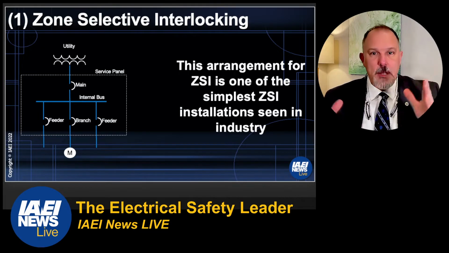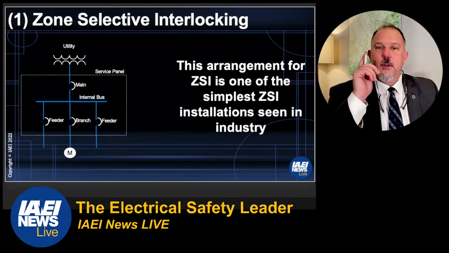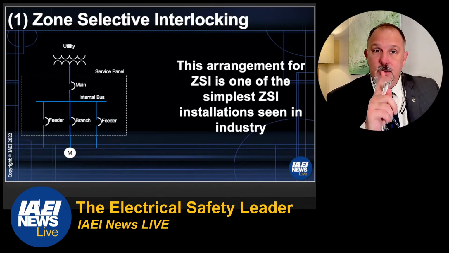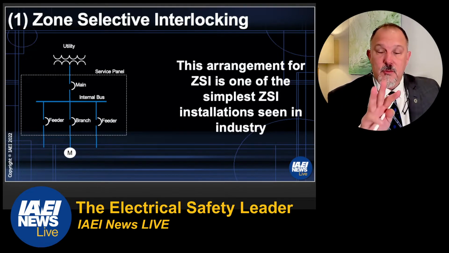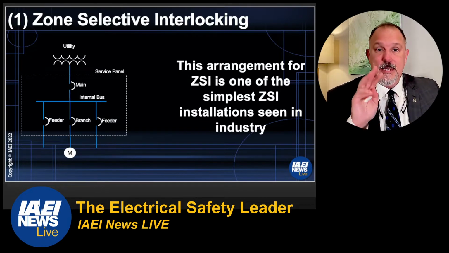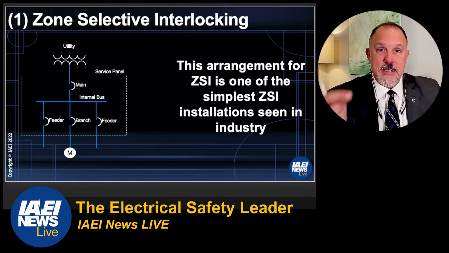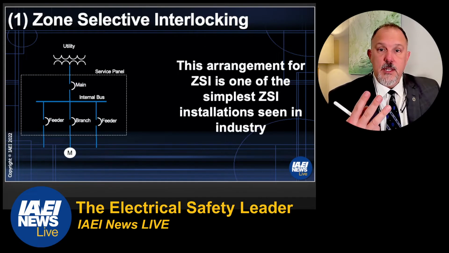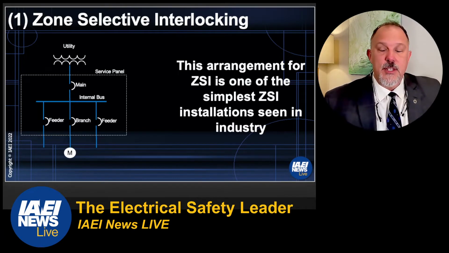So the challenge with differential relaying is you have to employ a lot more technology. You have to have CTs. Think about this circuit. I'm showing a single circuit breaker on each of these lines, but in reality, there are three phases: A, B, and C. If I'm going to employ current transformers, I need a current transformer around A, B, and C. So I need three CTs for the main breaker, and three CTs on each of those feeders and branches downstream.